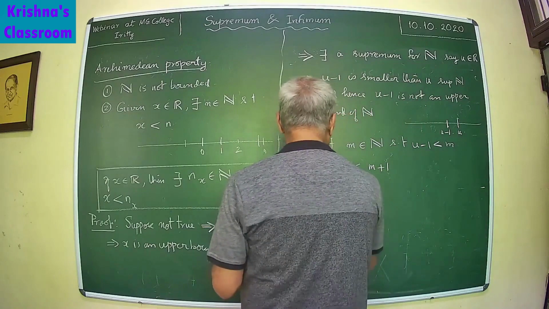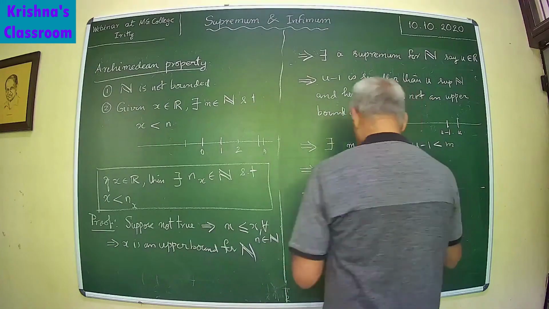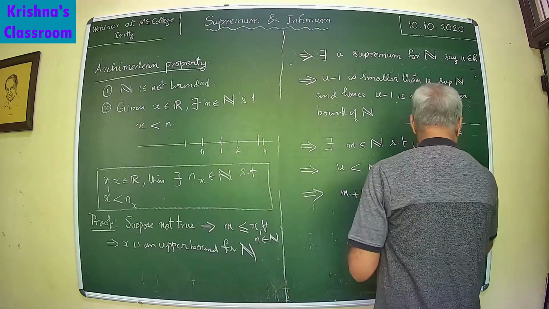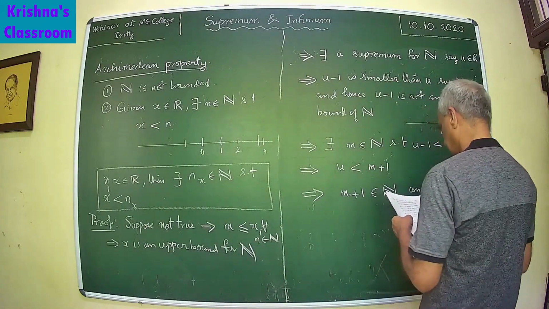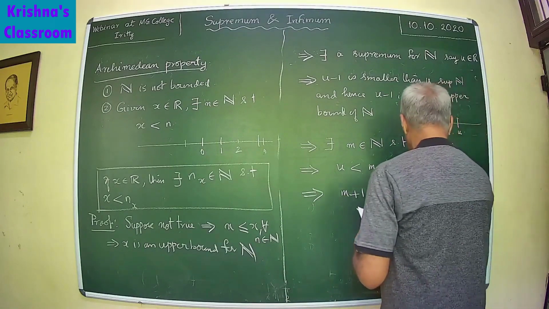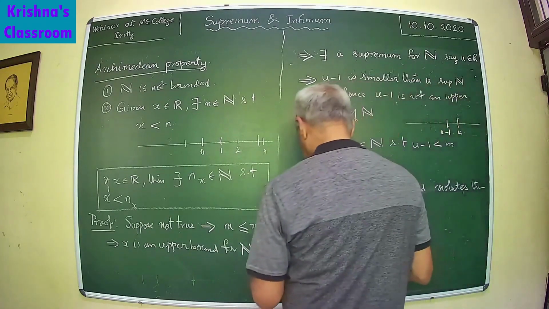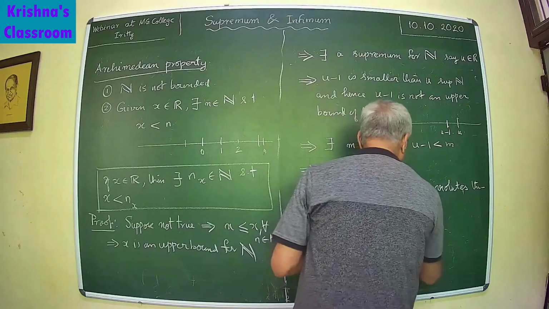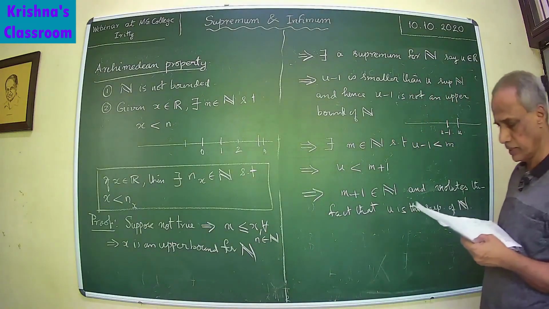This implies m plus 1 belongs to N and is an upper bound of N, and violates the assumption that u is the supremum of N. Okay.